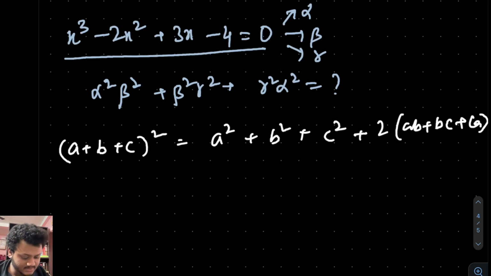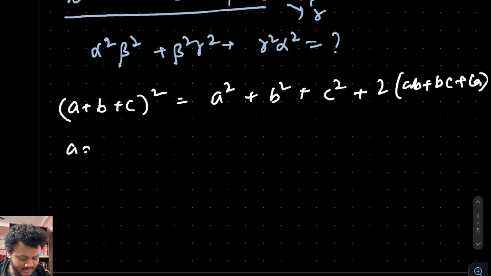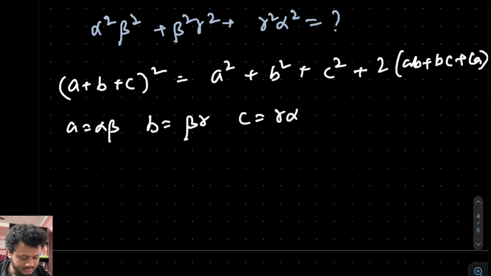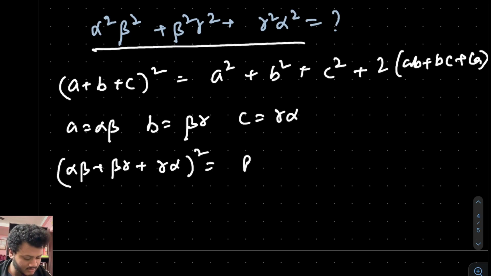This is its application. So if we take a as alpha beta, b as beta gamma and c as gamma alpha, we find that alpha beta plus beta gamma plus gamma alpha whole square is the required expression plus 2 into ab.